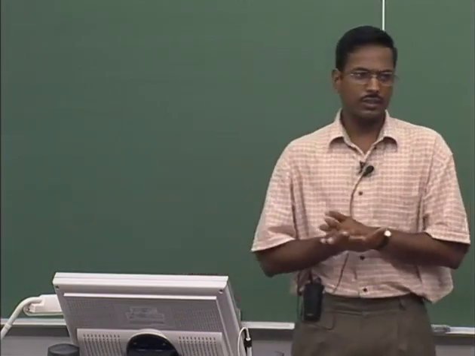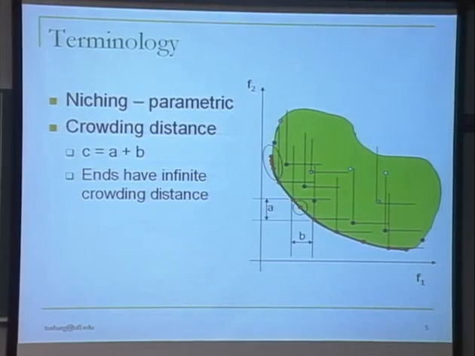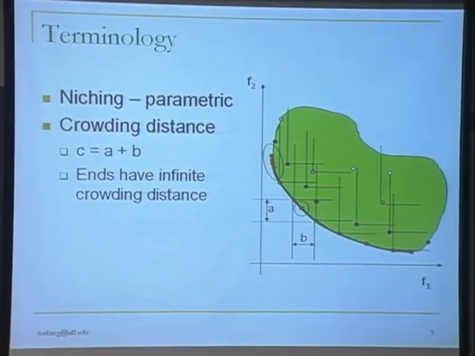What we have done using ranking and non-domination search, we have found a way to push our solution set towards the Pareto optimal front. That is, we have taken care of convergence. However, it still does not guarantee me the spread on the front.